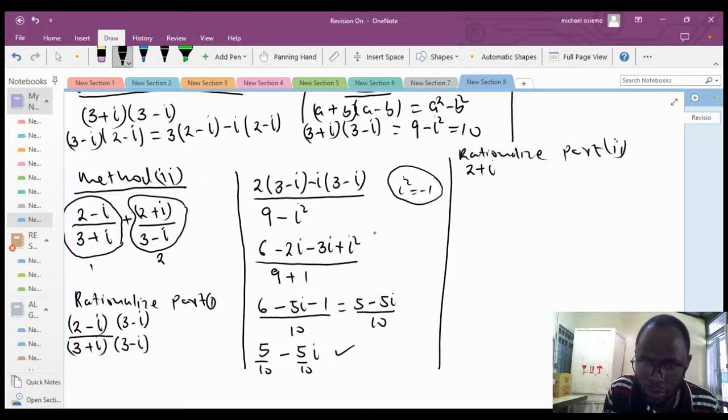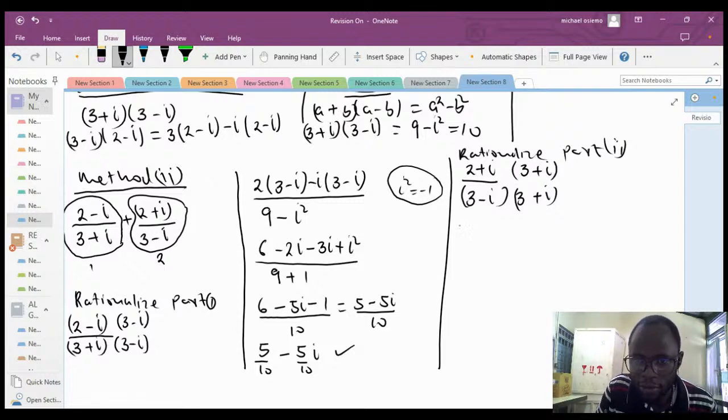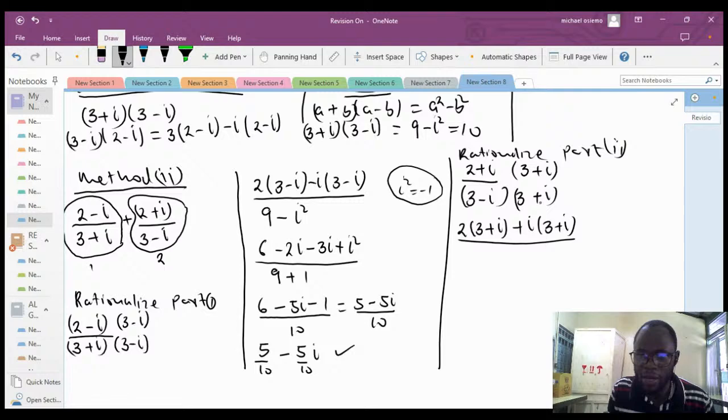So if you rationalize the part 2, we're going to have 2 plus I over 3 minus I, and we are going to multiply the denominator by its conjugate, that is 3 plus I, and multiply also the numerator by the conjugate of the denominator, that is 3 plus I. So we're going to have 2 into bracket 3 plus I, then plus I into 3 plus I, over, again the denominators will be multiplying the two brackets.